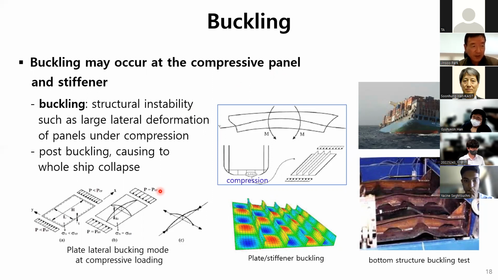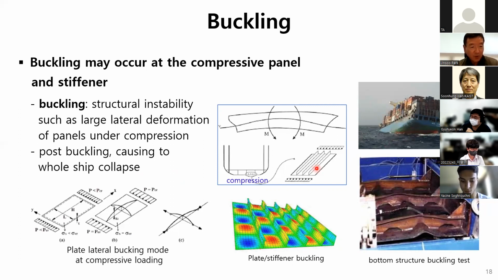A typical example of plate lateral buckling mode under compression is shown in this figure. In general, once buckling happens, post-buckling, a much bigger subsequent lateral deformation, follows, sometimes causing final ship collapse.